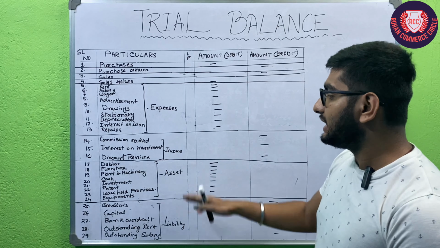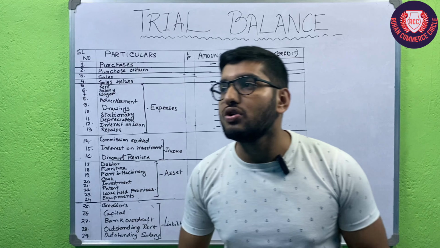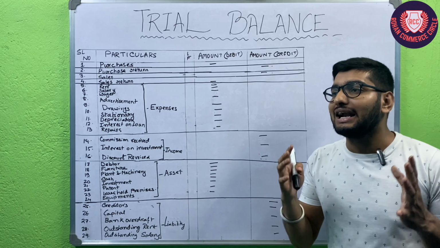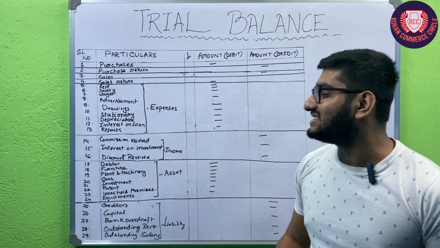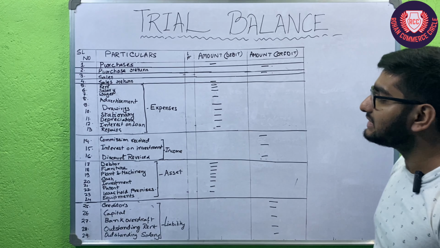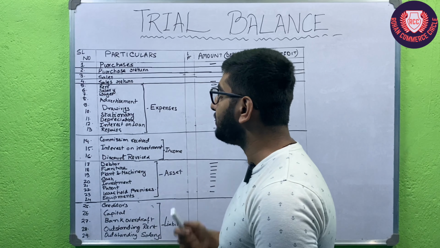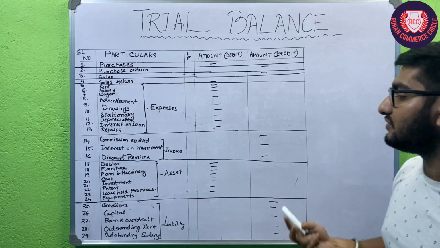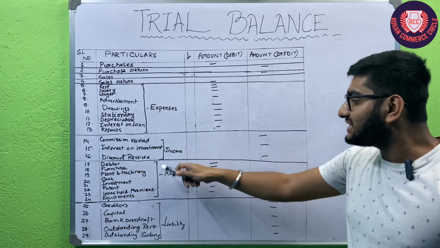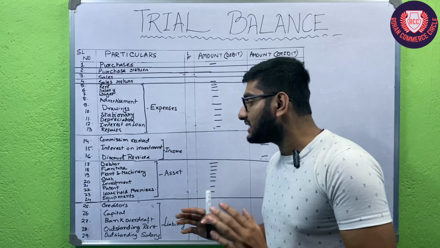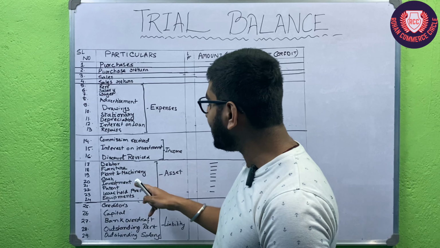Okay. Next are the assets. We all know according to the dealer rule that assets have debit balances. So these are basically the assets. What are the assets? Debtor, furniture, plant and machinery, cash, investment, patent, leasehold premises and equipments. Basic few things you all know, but some accounts are there, like patent.